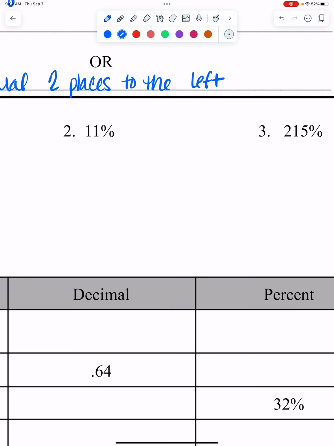So we'll go take a look at 11%. I drop off the percent symbol, and I divide by 100. That gives me 0.11 or 11 hundredths.